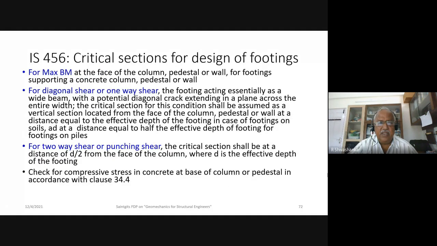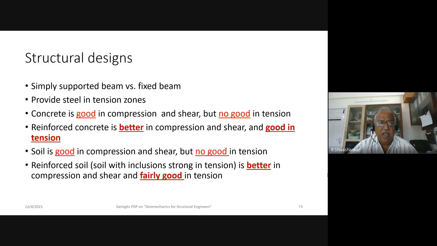Well, I think this is again a repeat of the critical sections for design of footings. We know from civil engineering that in any structural design, there are two important things. We have to draw the shear force diagram and bending moment diagram, and we have to provide steel wherever there is tension.